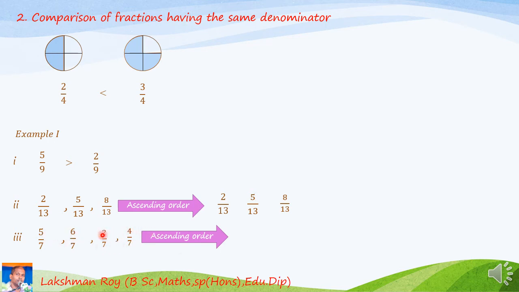Here the smallest one is two parts, so 2/7 is the smallest one. Then 5, 6, 4: 4/7 is somewhat big. Then of the remaining two, 5 and 6, 5 parts is less, then 6 parts is the biggest. So that is how to compare.